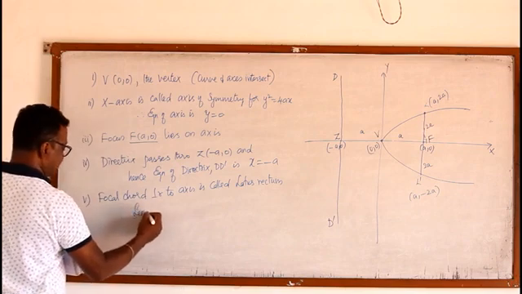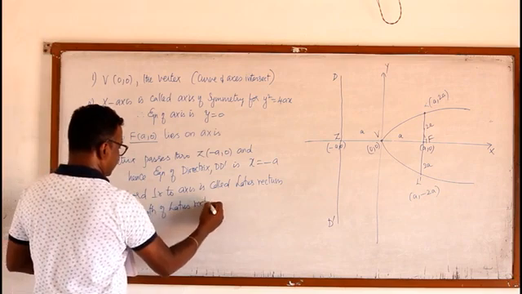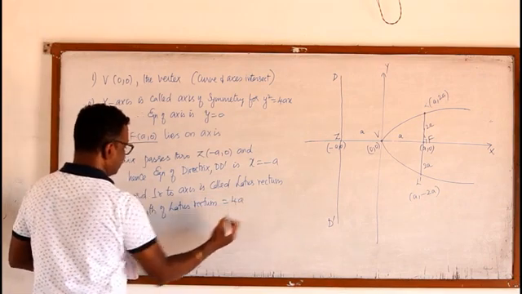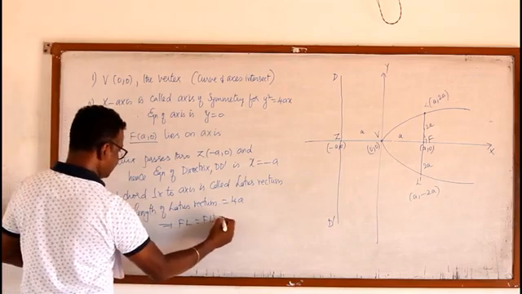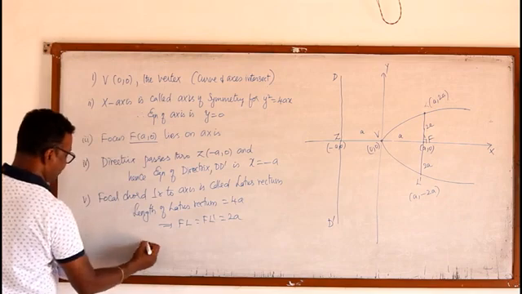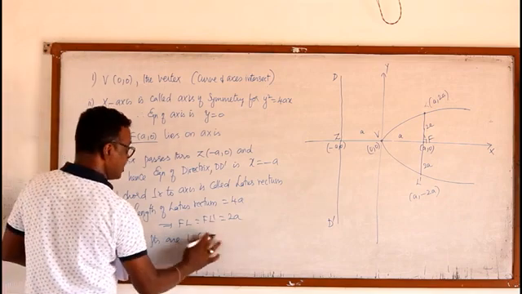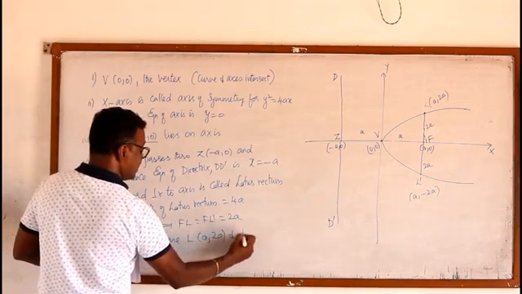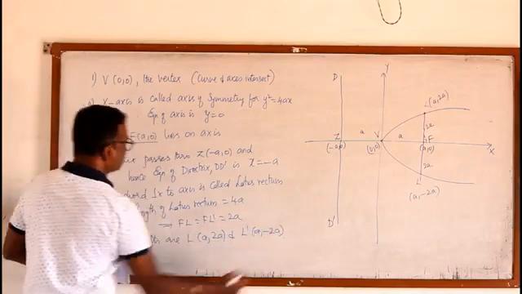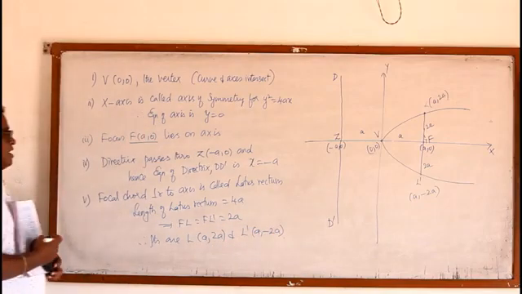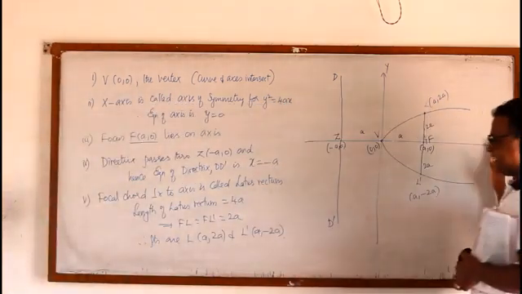Then the length of latus rectum is 4a. That is, FL equal to FL dash equal to 2a. Therefore, points are L of a comma 2a and L dash of a comma minus 2a. So these are things we must know about a parabola, and we can understand this curve is open rightward.